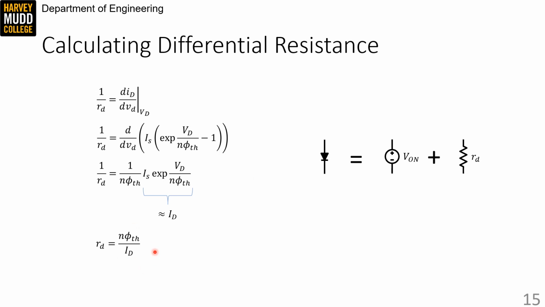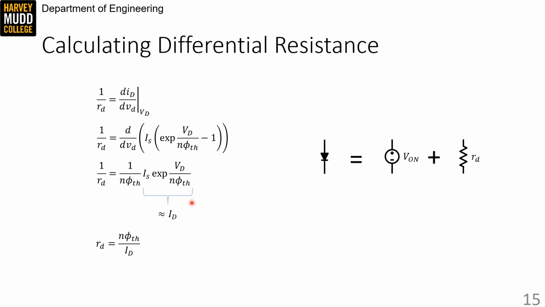I want to call attention to this substitution step where we called this approximately large signal ID. First, I want to note that we're using the large signal VD in this expression, in the derivative we're taking, because we evaluate our derivative at a large signal value of VD. And then second, I want to point out that this substitution is extremely common when you're making small signal models.